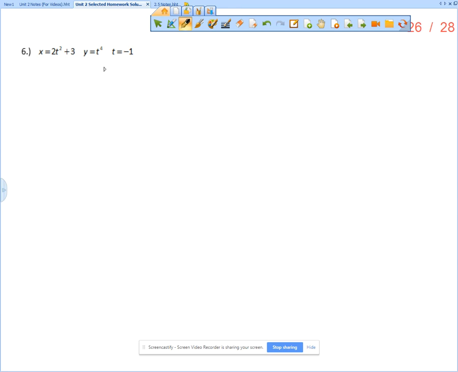The first thing we need to do, if we want to write the equation of a tangent line, is know a point and a slope. So the point is going to be x evaluated at t equals -1, comma, y evaluated at t equals -1.